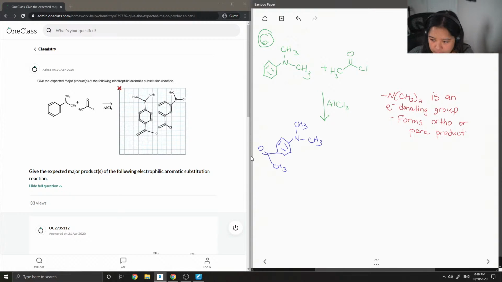Okay, so the one in blue is an example of the para product.